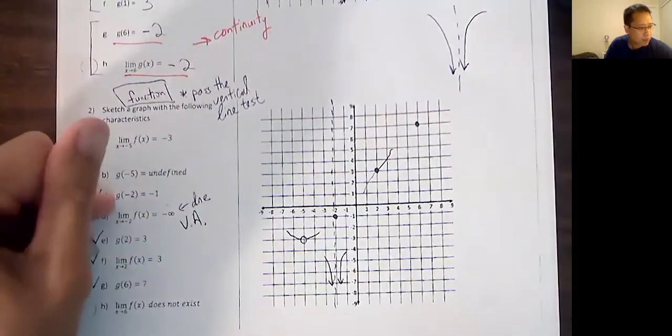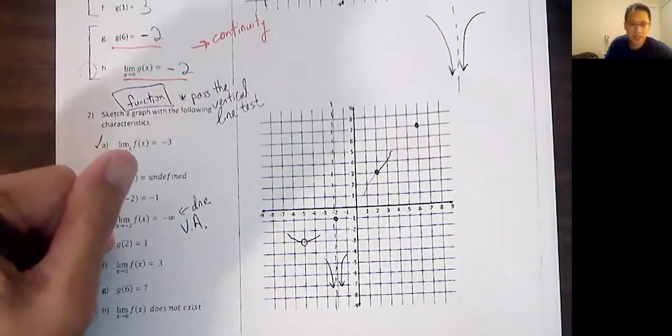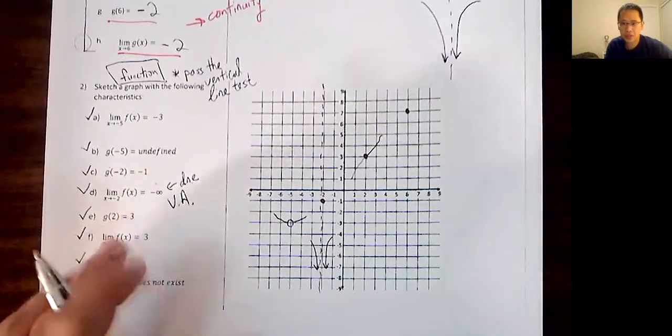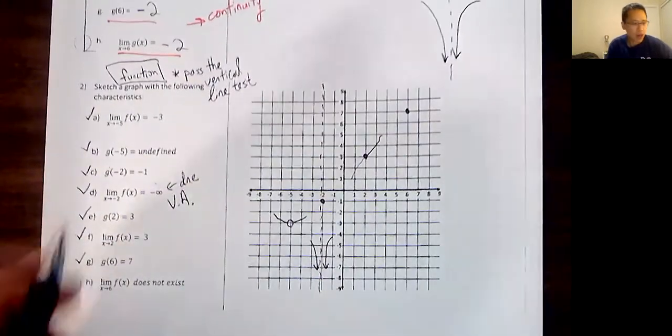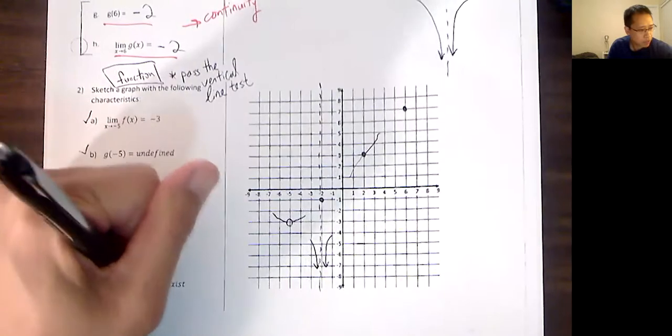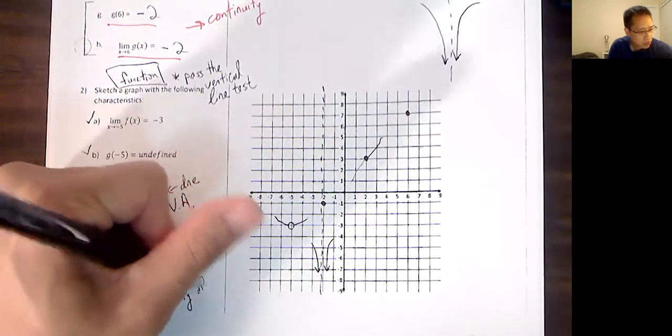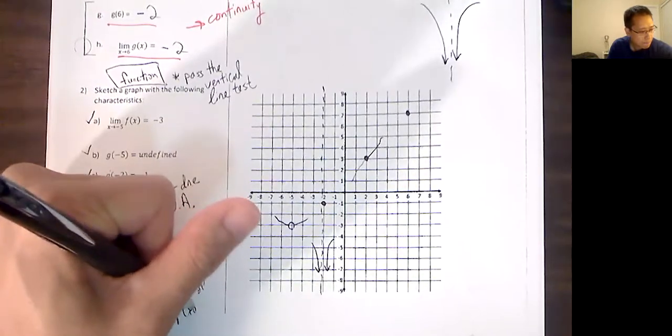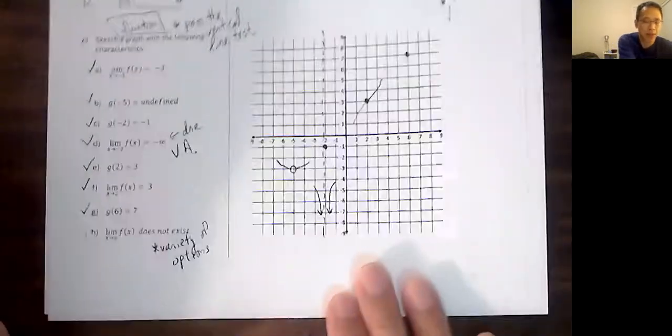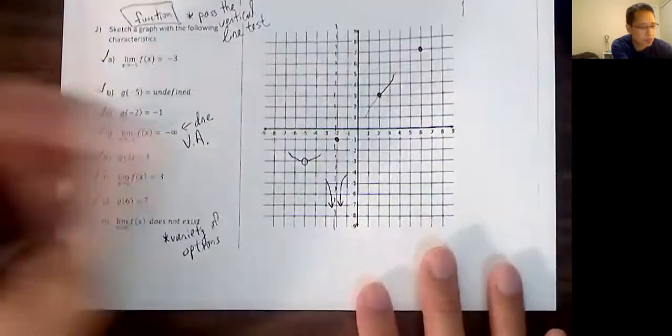Okay. And finally, the limit doesn't exist as x approaches 6. So we have a variety of options. What I mean by that is there's a lot of ways to show that the limit doesn't exist.